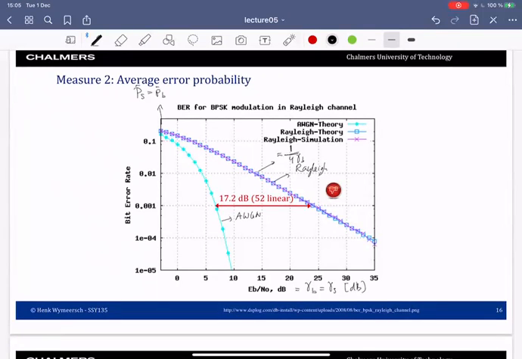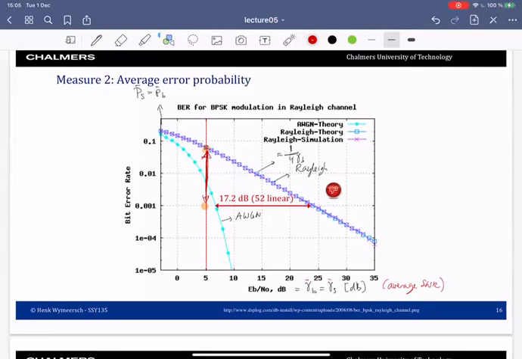And what you see, well, you can interpret this curve in two ways. So you can, for instance, draw a line like this. And then you see that for the same average signal to noise ratio, you do much worse in the Rayleigh fading channel than in the additive white Gaussian noise channel.